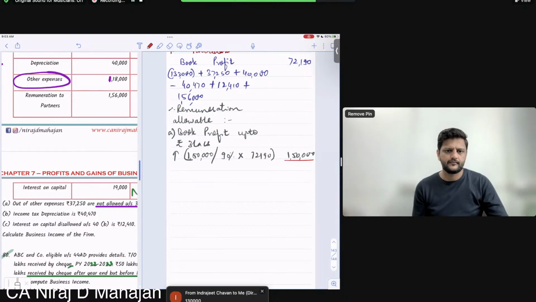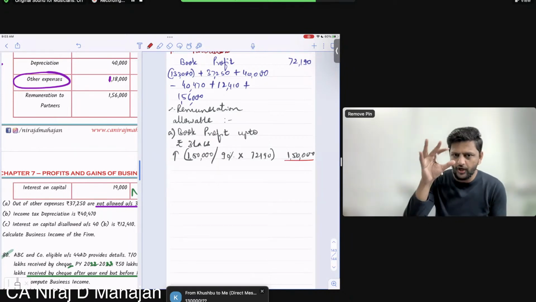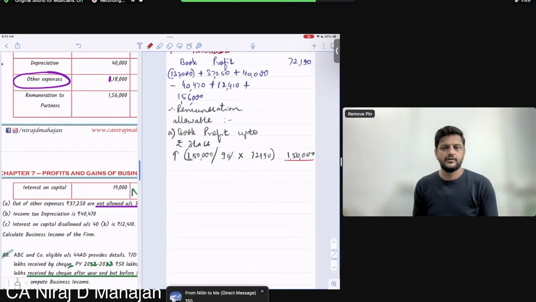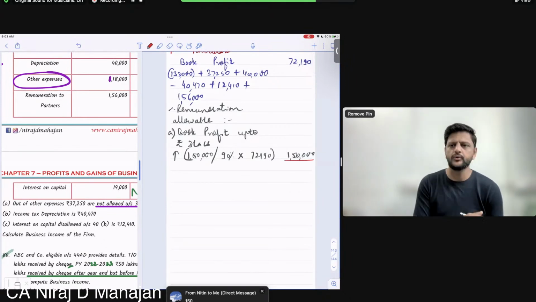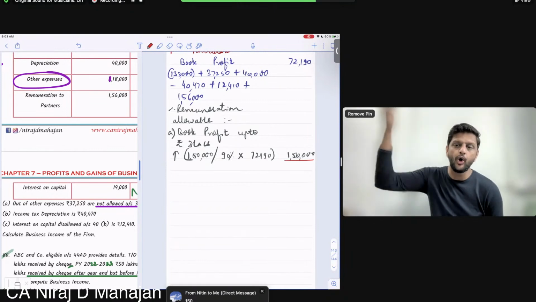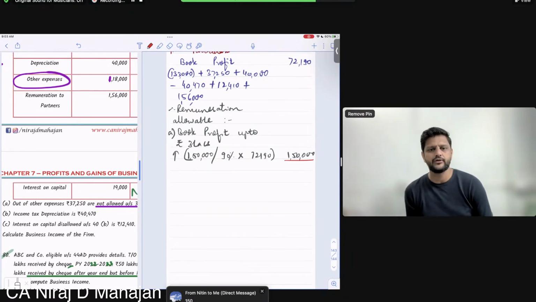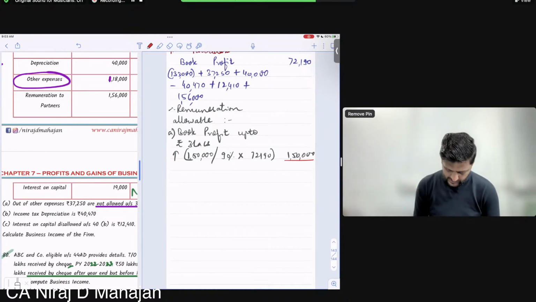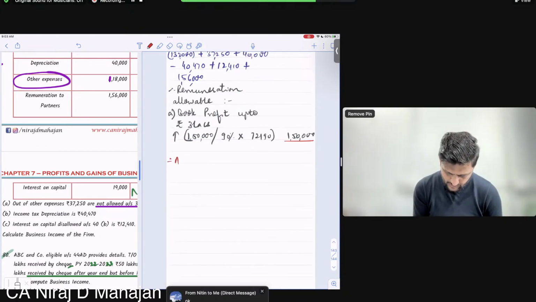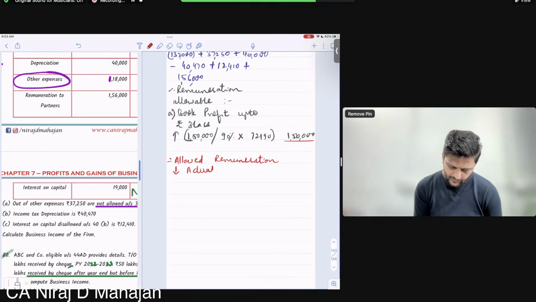Correct. Yes, 130 will be allowed if it was paid. Because what we are calculating here is the ceiling limit. If actually paid is less, we'll allow that less figure. But if actually paid is more, then we'll allow this ceiling limit. So next line is very important. Therefore, allowed remuneration is the lower of actual remuneration or ceiling limit.